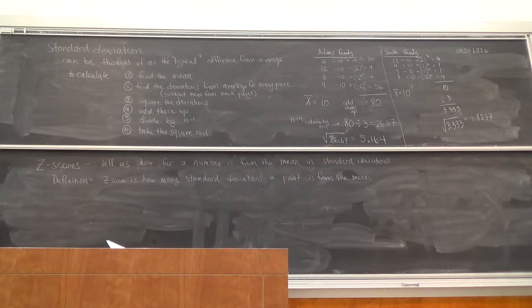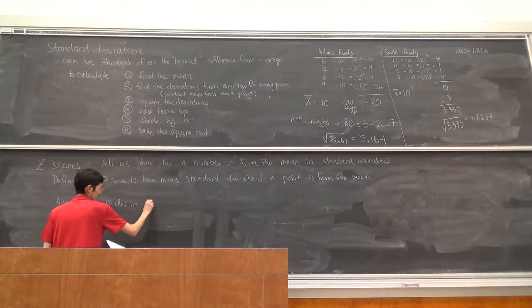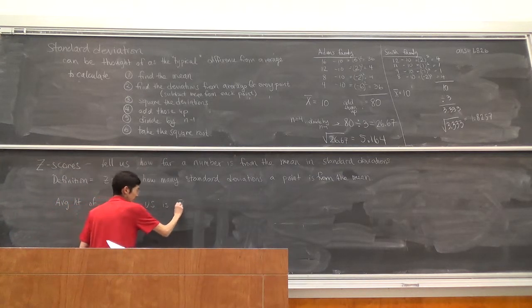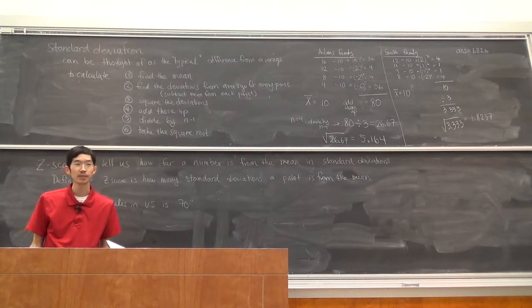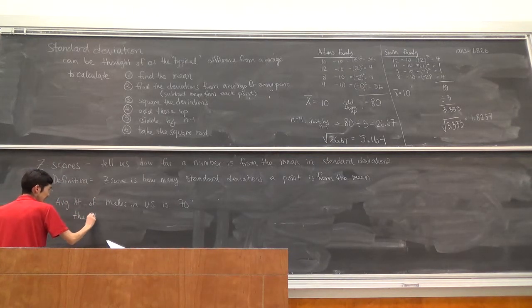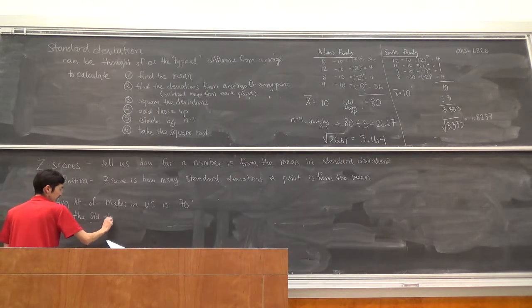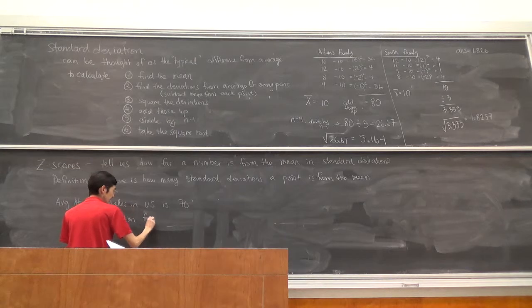Okay, so let's try an example here. Let's say the average height of males in the United States is 70 inches. So that's 5'10". And we will say the standard deviation for height is 3 inches.